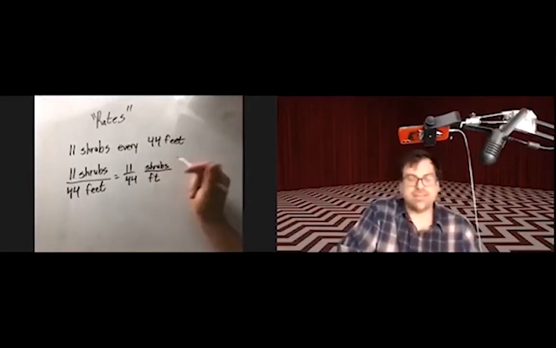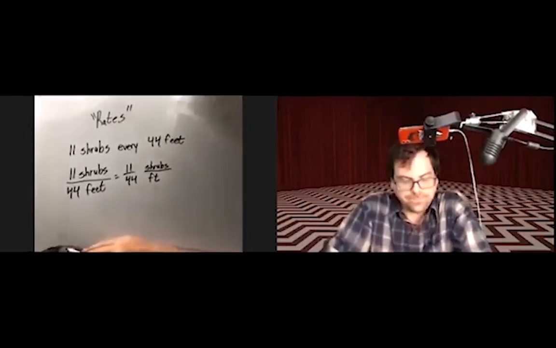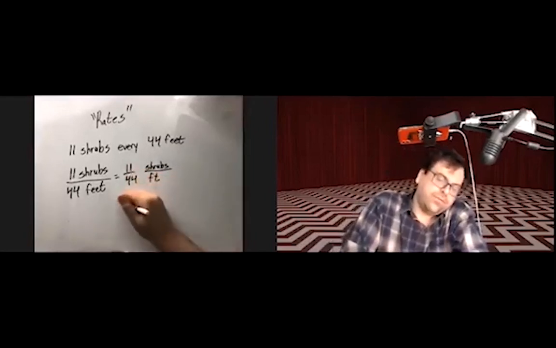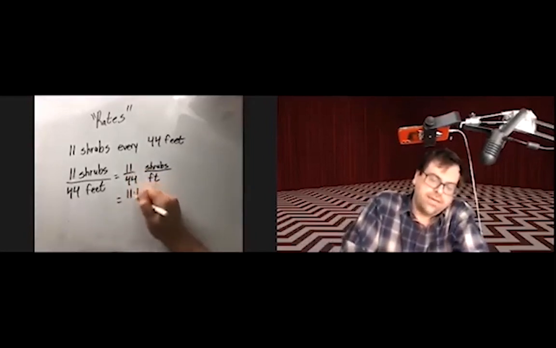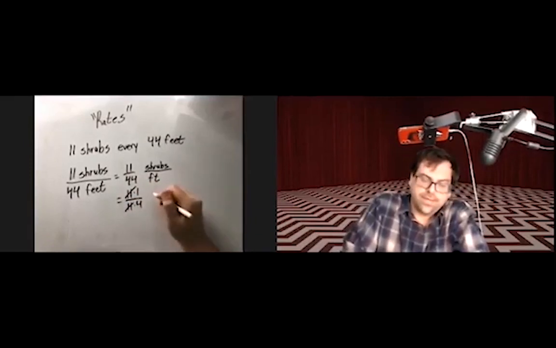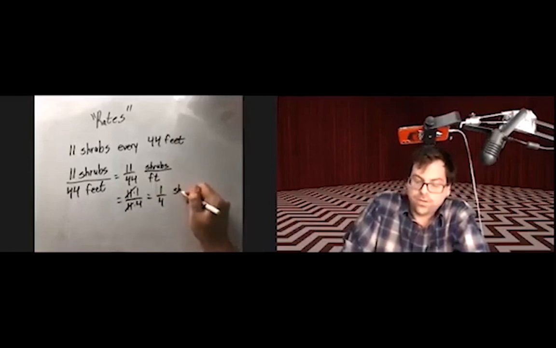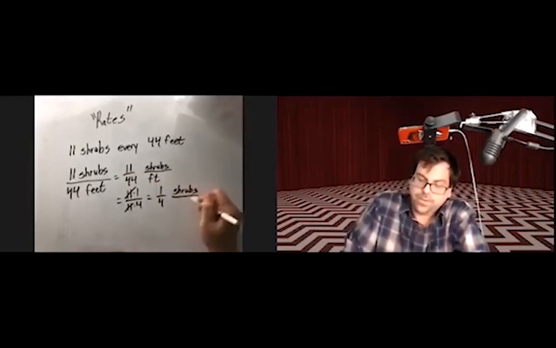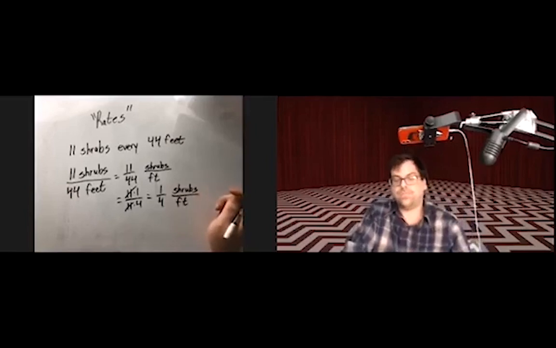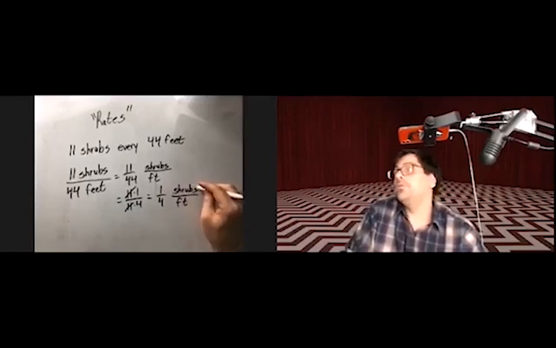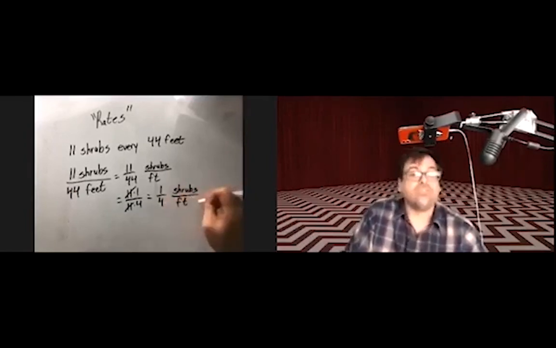Let's just make it FT, shrubs per foot. 11 and 44 can both be divided by 11. 11 times 1, 11 times 4. The 11s cancel. So this is 1 over 4 shrubs over feet. 1 shrub for every 4 feet.